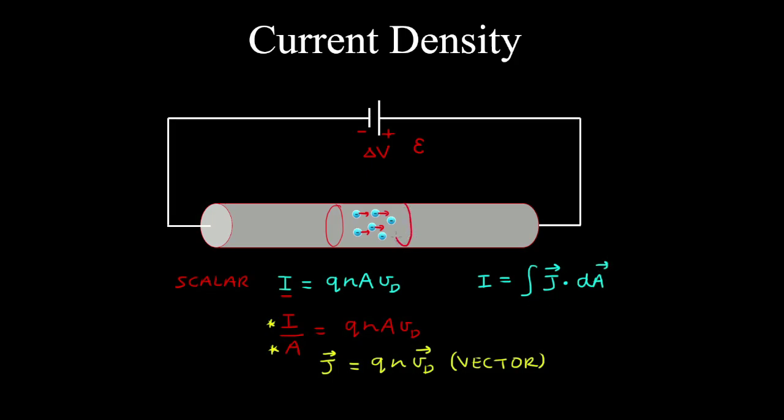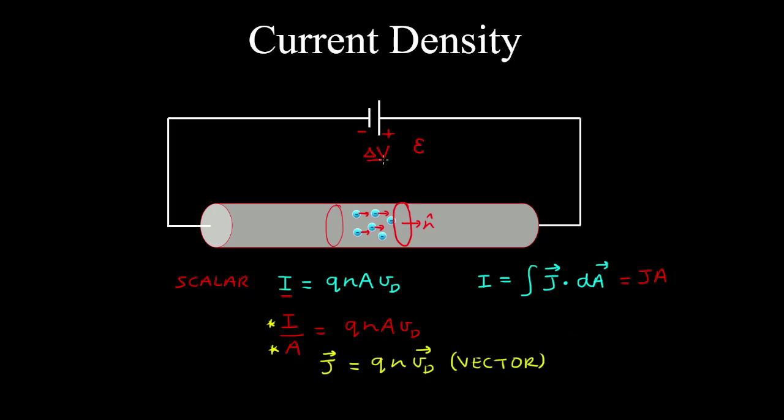So if the normal vector of this cross-sectional area points in the same direction as the drift velocity, then the cosine of the angle between them evaluates to 1. So therefore we can write this as the magnitude of the current density by the cross-sectional area of the wire.